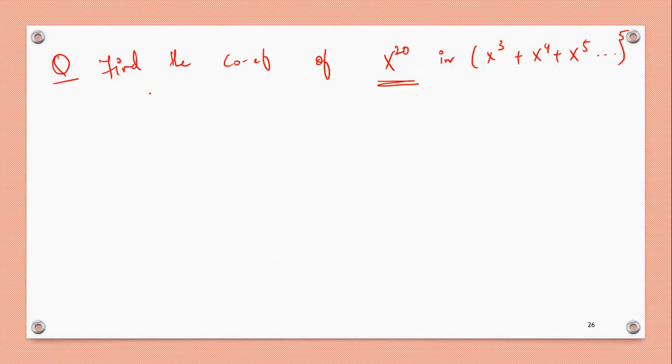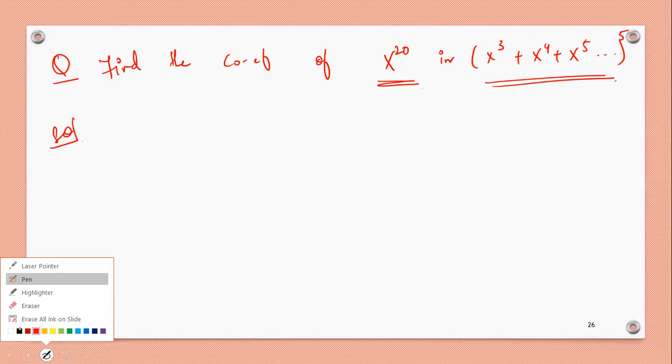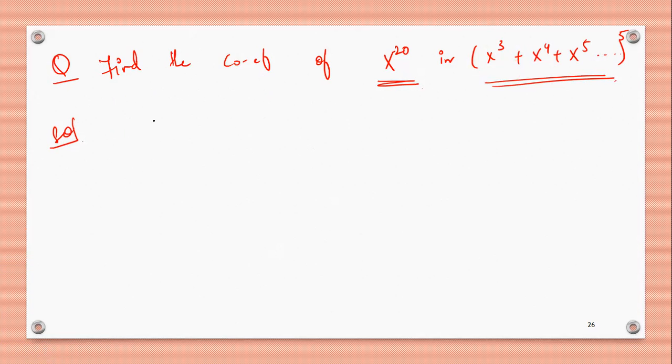For x power 20, first we have to simplify this bracket. To simplify this bracket, what we can do is take x cube common. So let's write the solution. Extract x cube from this bracket.